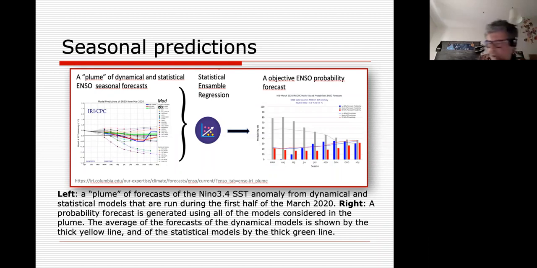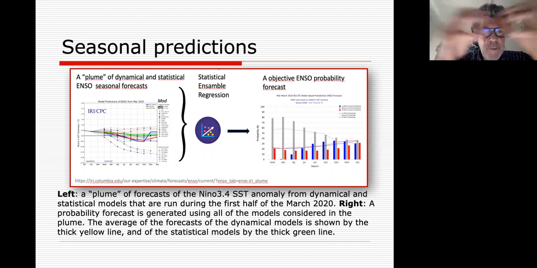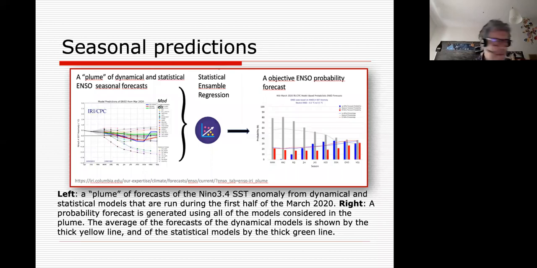We can evolve in time from present conditions onward for some months in order to produce not a single prediction, but a plume, they say, a beam of different seasonal forecasts for ENSO. And we can have two different approaches.